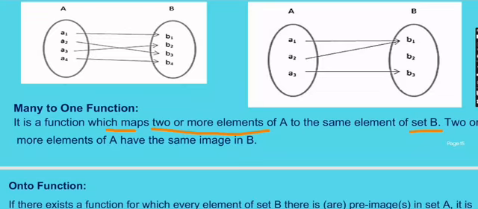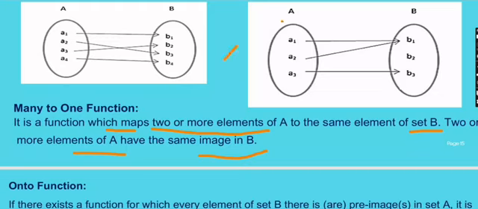More than one input is going to produce the same output. Another name for A is pre-image and B is called image. That you must remember. See, two or more elements of A have the same image in B. Can you follow?